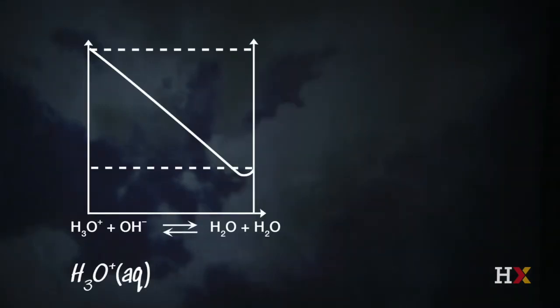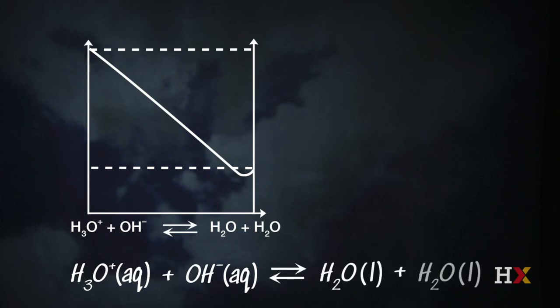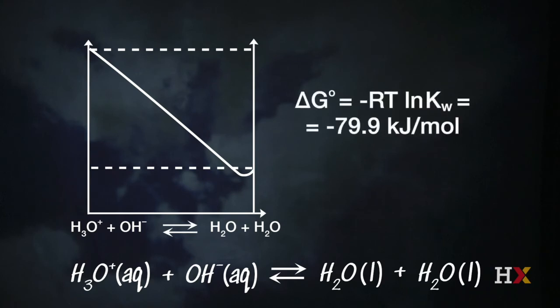Let's look at the reaction now of H3O+ aqueous plus the hydroxide anion, also aqueous, forming water in the liquid phase. And in this case, when we calculate delta G, we're going to have exactly the same magnitude, but because we've reversed the direction, now we have a spontaneous reaction converting H3O+ and OH- to water, and that reaction releases free energy until it reaches the equilibrium position.